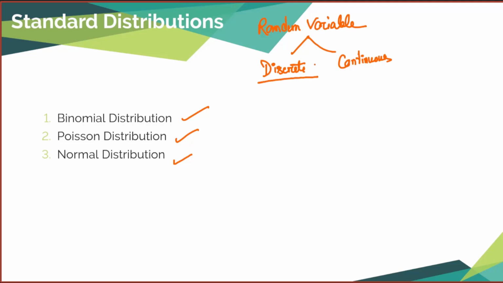So that will be a discrete random variable. Similarly, when you throw a die, there are 6 different outcomes, 1 up to 6. They are very distinct from each other. So that will be a discrete random variable. That means the outcome of tossing a coin is a discrete random variable, and the outcome of throwing a die is a discrete random variable.